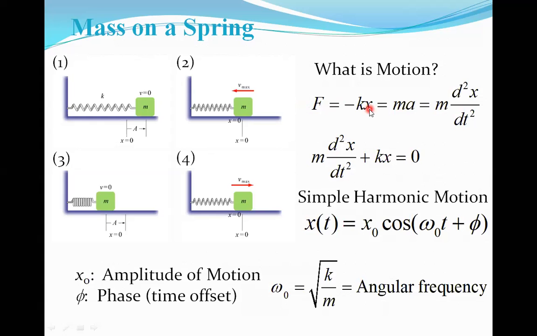So F is equal to minus kx, which is ma, which is m into the rate of change of velocity, that is d square x by dt square, as we have taken the displacement as x. So from this equation, m d square x by dt square plus kx is equal to 0. And as the body moves to and fro from its mean position, it possesses simple harmonic motion.